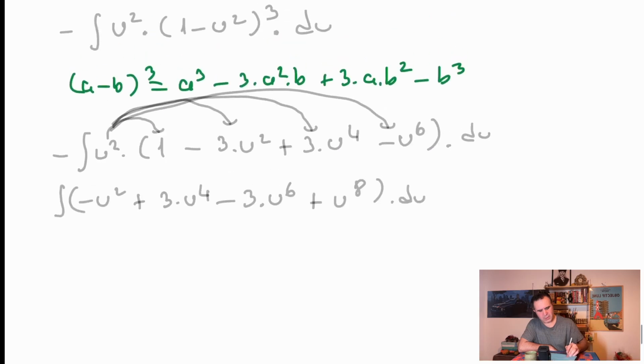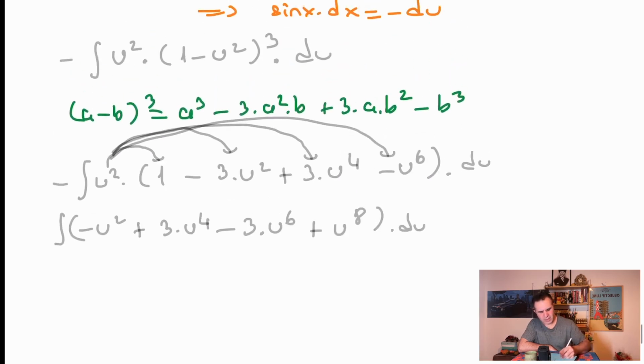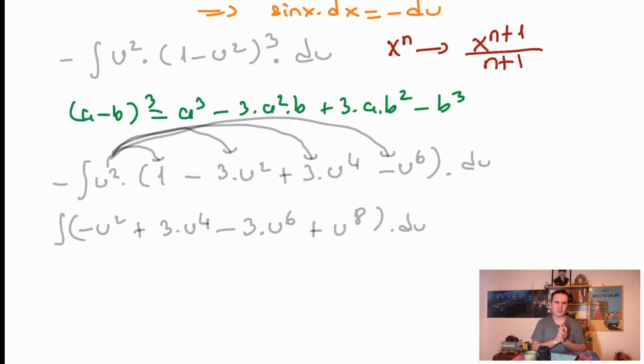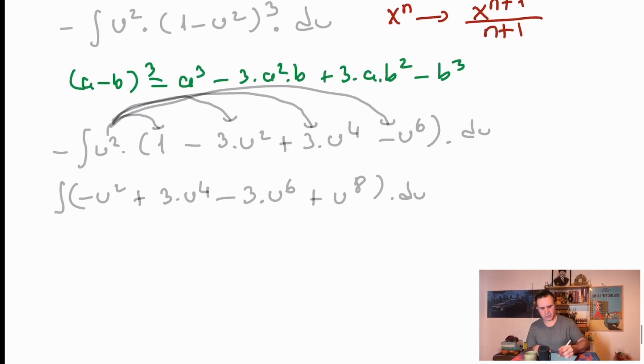Now we know that if we have a power function x to the n, while taking its integral, we add 1 to the exponent and divide by the new exponent. The integral of x to the n is x to the n plus 1 over n plus 1. Now we will use this formula here.